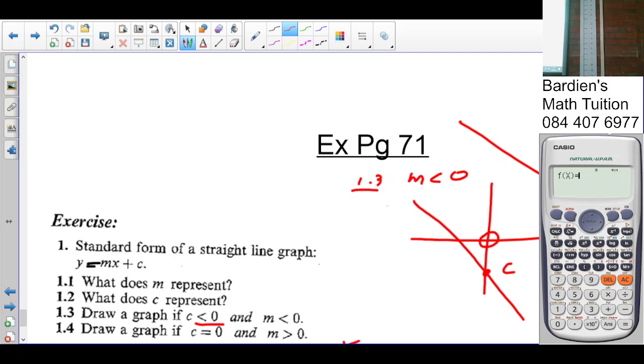Right, let's look at 1.4. 1.4 says c is equal to 0. What does that mean? Your y-intercept is going to be 0. So it's going through the origin, not so? However, m is greater than 0, which means your gradient is positive. The graph is increasing.